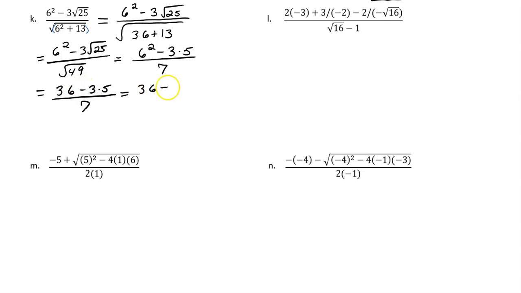I'm simplifying each part here, and then I'll do that division, right? Each part, I mean top and the bottom. So I have 36 minus 15. That's my next operation I'm going to follow. And 36 minus 15 is 21. Divided by 7 gives me a final answer of 3.